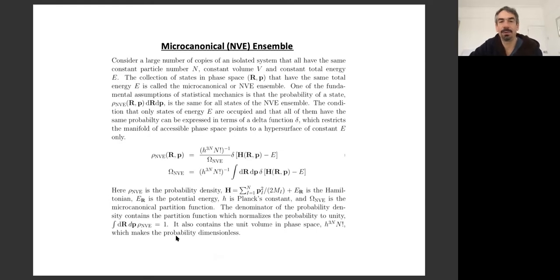Now, a few words on these ensembles in statistical mechanics. You probably all know what an NVE ensemble is. It's a very large number of copies of one and the same system.